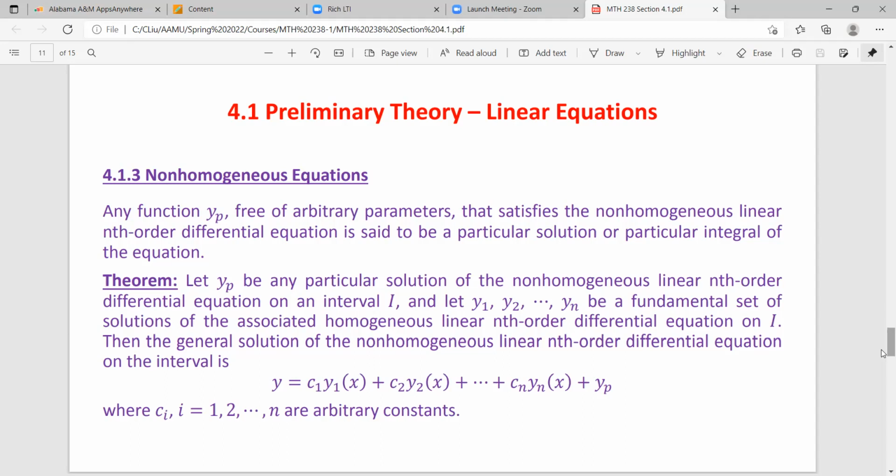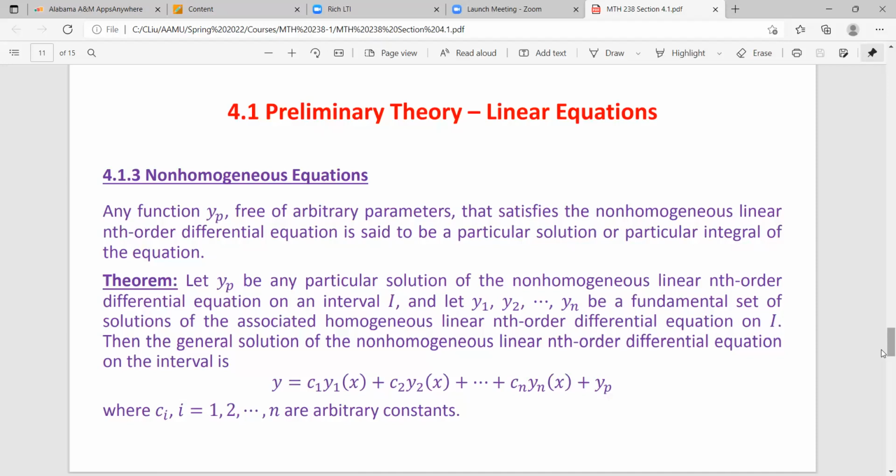Any function yp free of arbitrary parameters that satisfies the non-homogeneous linear nth order differential equation is said to be a particular solution or particular integral of the equation. So this time the function yp does not have any arbitrary constants. It's a fixed function, but it has to satisfy the non-homogeneous equation.